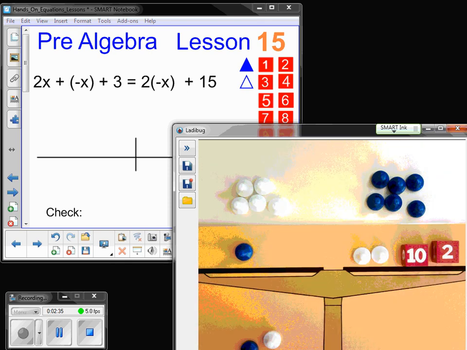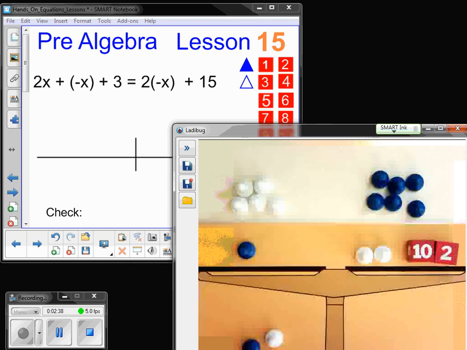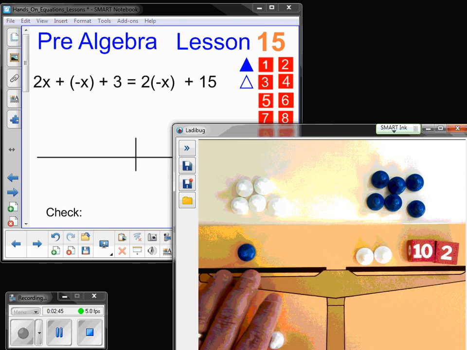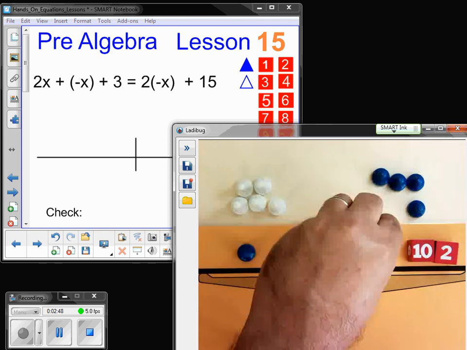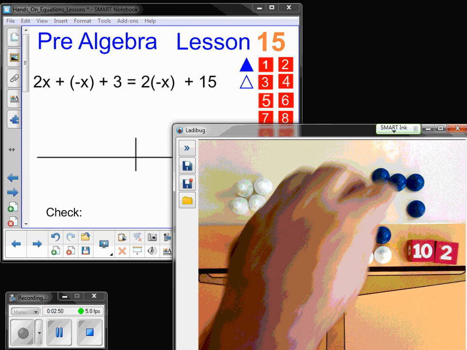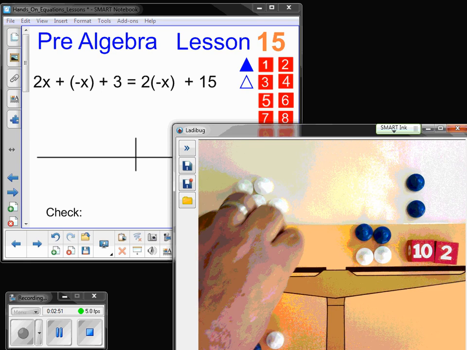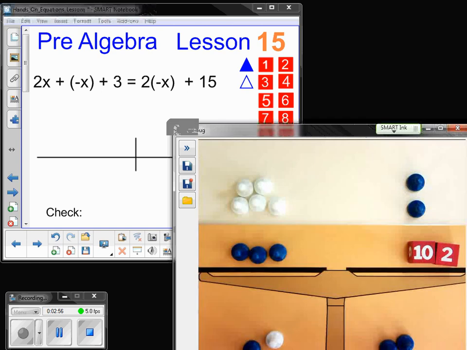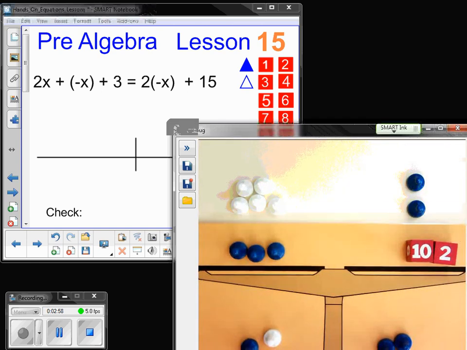So I had the 3 come across the border, knock out the 15, make it a 12. So now I've got 2 opposite of x's on one side with the x on the other. Now I can get rid of the 2 opposite of x by adding 2 x's on that side. But if I do it to the right-hand side, I've got to do it to the left. So now my x and my opposite of x's cancel off. I have 3x equals 12, so x must be 4.